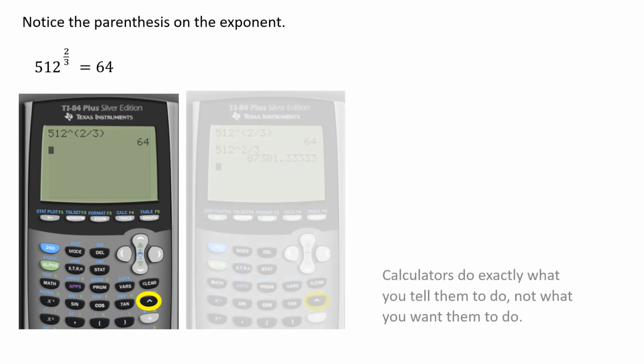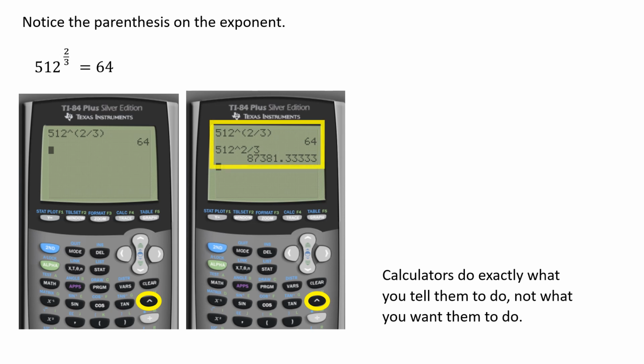Notice that there are some parentheses on the exponent, right? If I did not put the parentheses on that exponent, the calculator would have done 512 to the 2nd power, gotten a rather large number, and then taken that large number and divided it by 3, right? If I wanted to actually raise it to the 2/3 power, I have to have the 2/3 inside parentheses to get the correct answer.